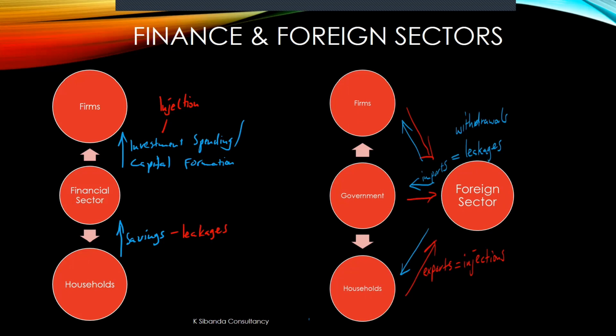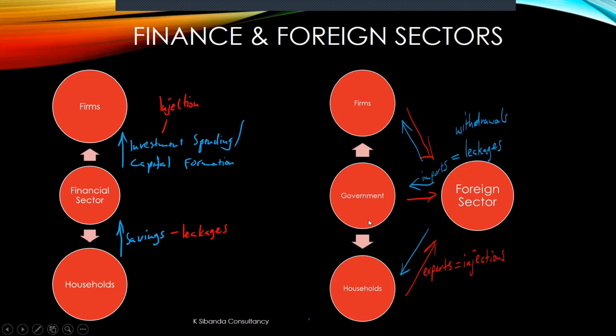Let's look at taxes, for example. The government comes in and imposes taxes, not only on firms and households, but also on the foreign sector. In the unit on trade, you are going to talk about tariffs, where the government is imposing import tariffs and so forth.